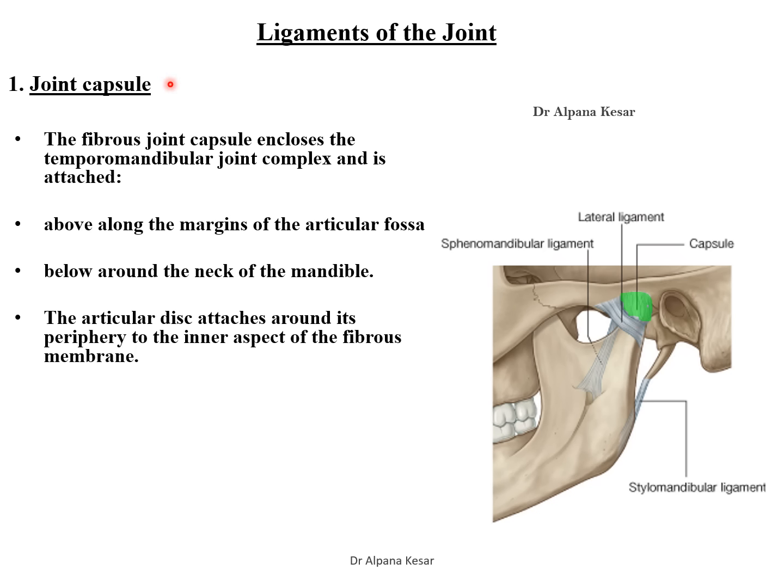So, in temporomandibular joint, the joint capsule is one of the ligaments that encloses the temporomandibular joint complex and is attached above to the articular fossa of the temporal bone and below to the neck of the mandible. It is also attached to the periphery of the articular disc.